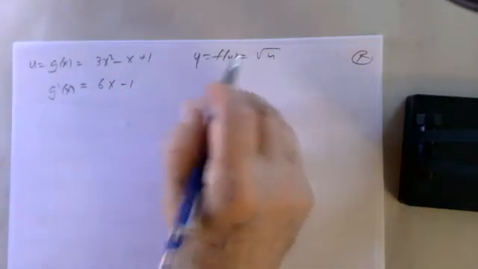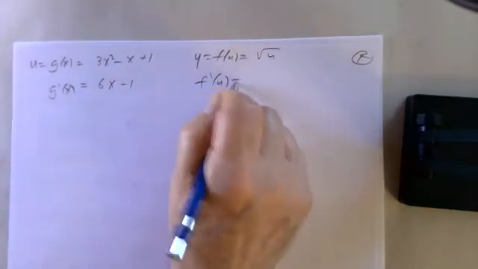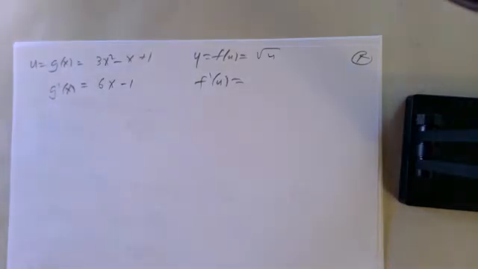And if f of u is the square root of u, what is f prime of u? What's the derivative of the square root of u? Can someone tell me? 1/2 u to the power of 1/2.